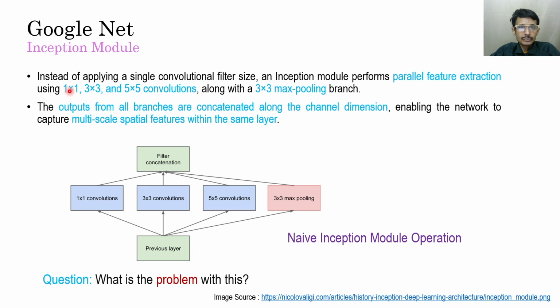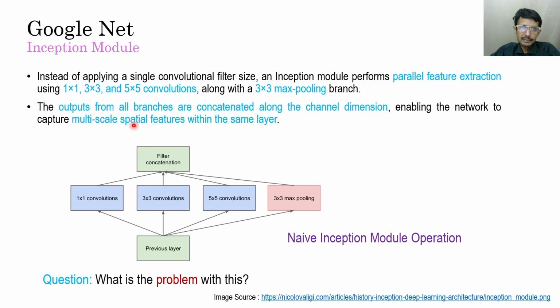So instead of applying a single convolution filter size, an inception module performs parallel feature extraction using these convolution kernels and max pooling.